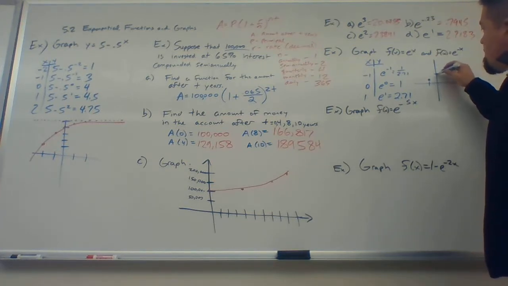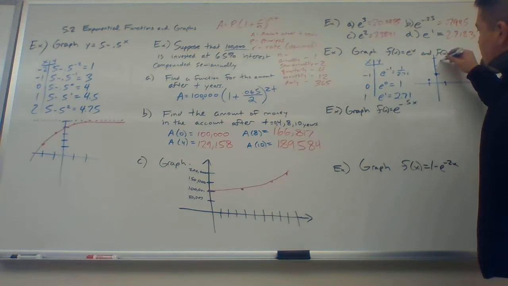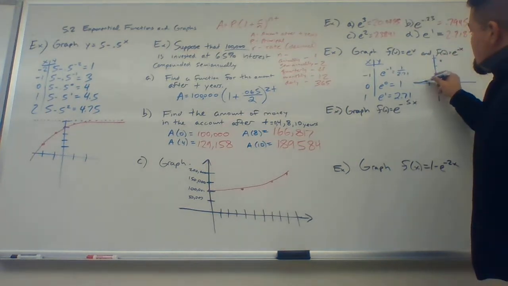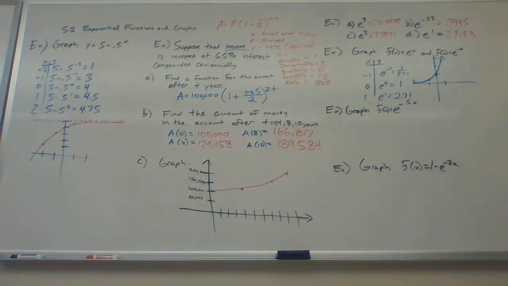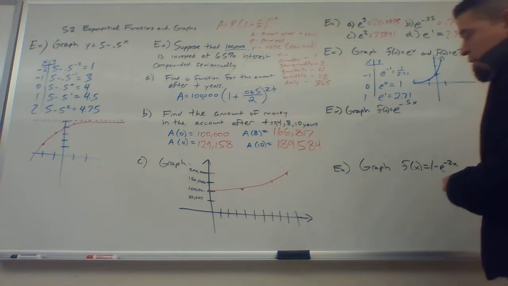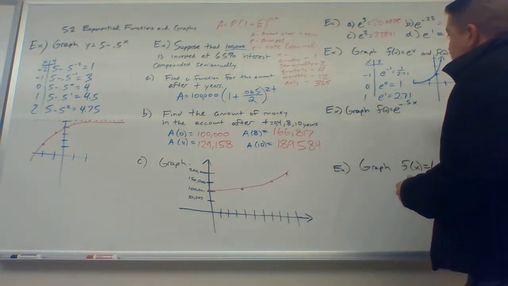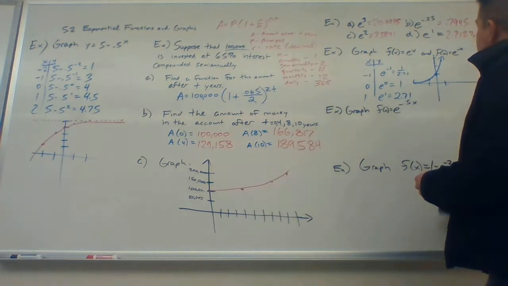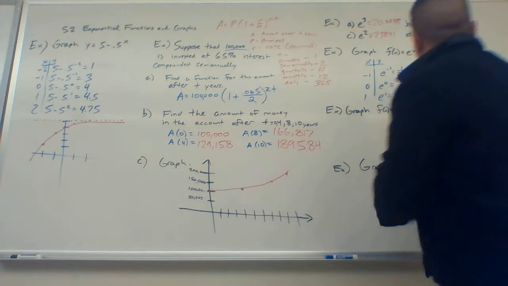And then 0, 1 would be here, and then 1, 2.71 would be about here. There's my exponential. So let me use this space here. So we're done with the exponential.